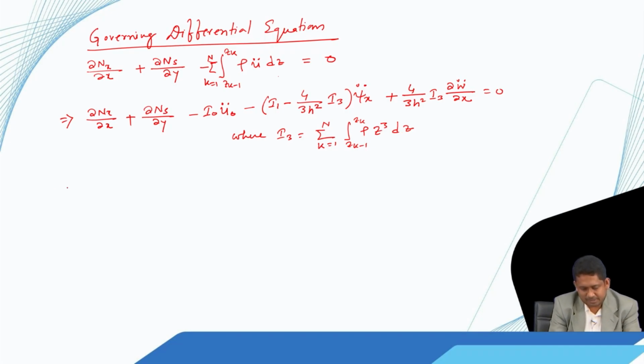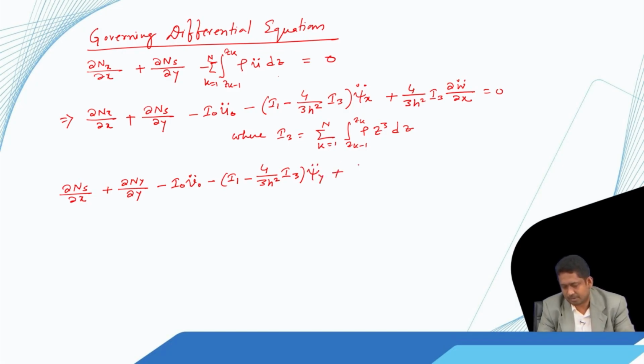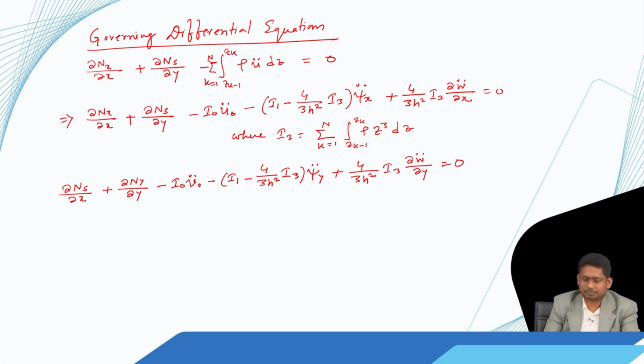Similarly, the second governing differential equation becomes del ns by del x plus del ny by del y minus I0 into V0 double dot minus I1 minus 4 by 3h square into I3 psi y double dot plus 4 by 3h square into I3 into del w double dot by del y equal to 0.